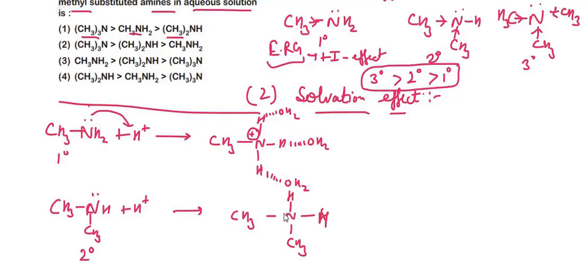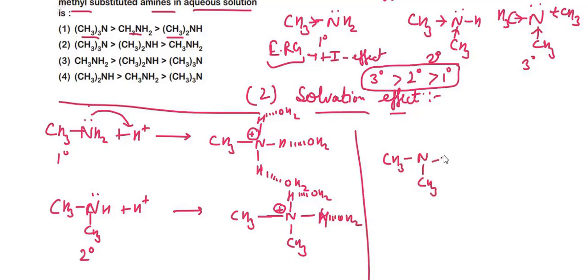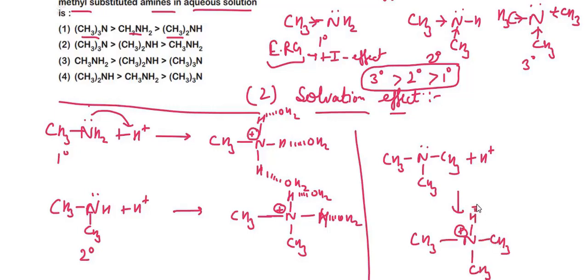Now the nitrogen gives its lone pair to hydrogen and it will become N positive. So in this case 2 hydrogen bondings are possible. But when we talk about tertiary, the lone pair is given to H positive ion and nitrogen will acquire positive charge. Now here only one hydrogen bonding is possible.